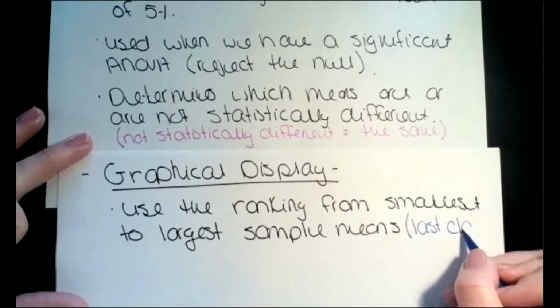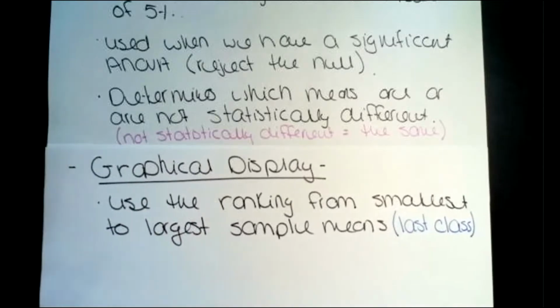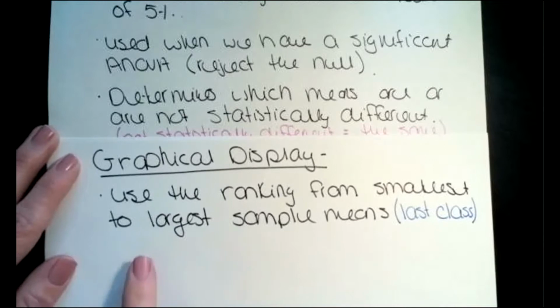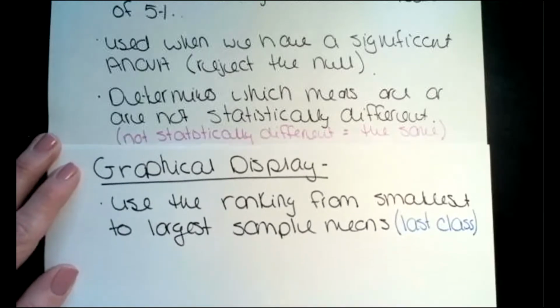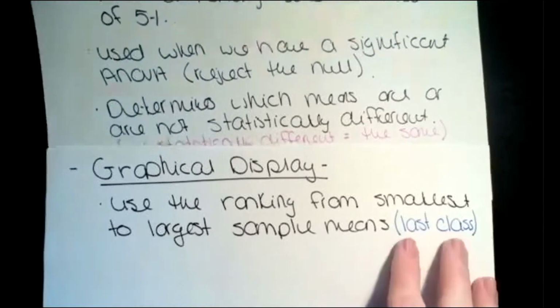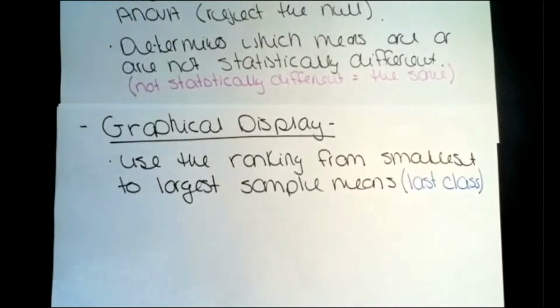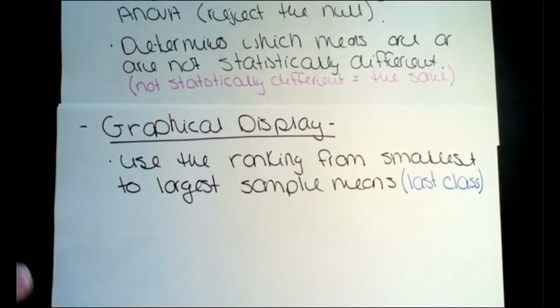So remember when we were getting to know the data, in the beginning of the problem, before we actually ran the test, we got our descriptive statistics. We got all our sample means for each group, and then we ranked them and wrote them from left to right, smallest to largest. And I said we weren't doing anything really with it today. We were setting it up, and we're going to do something with it. That was last class. Now we're going to do something with it this class. Here it is. This is what we're going to do. And it goes along with this Tukey's method.